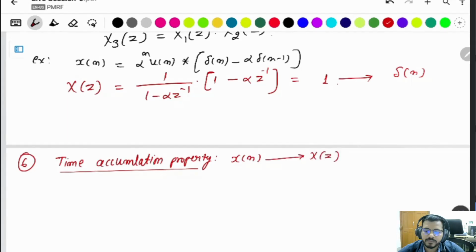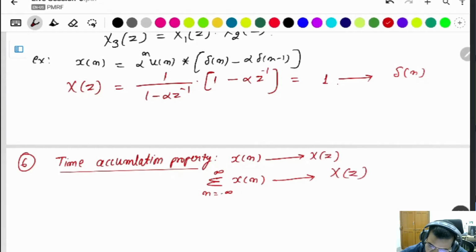X(z): if you add this function from minus infinity to infinity of x[n], then what is the z transform of this function? In this case, simply we find the z transform of x[n] and divide by 1 minus z inverse only.